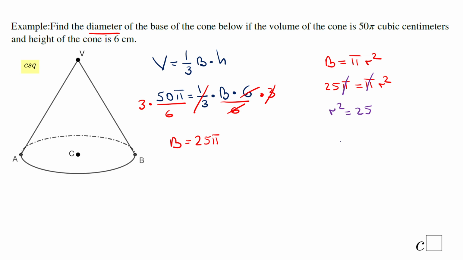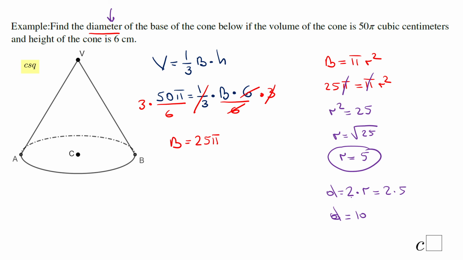So now how do you find r? Just take square root of 25 and that will be 5. The radius is 5, however we need to find the diameter. One more step. The diameter will be twice the radius, so it's going to be 2 times 5. The diameter will be 10 centimeter.